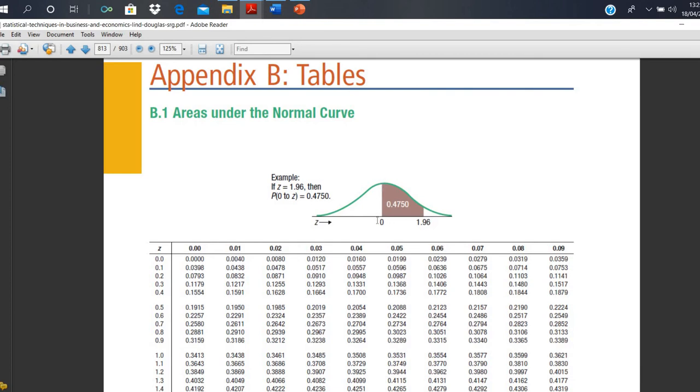If you divide this distribution into 2, a standard normal distribution has a mean equal to 0. So the probability on the left hand side will be 0.5 and the probability on the right hand side will be 0.5.